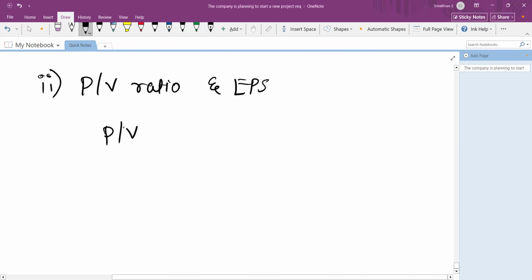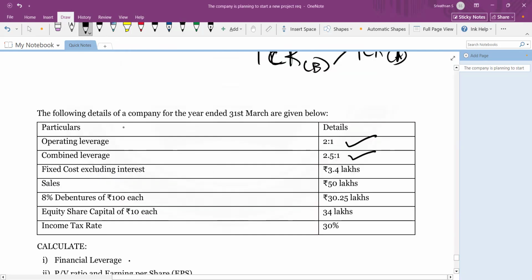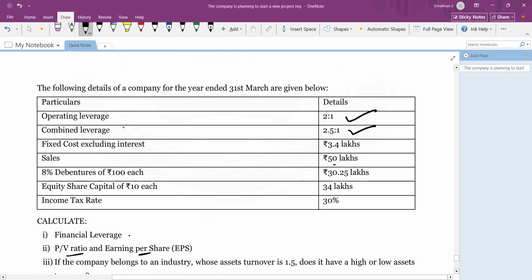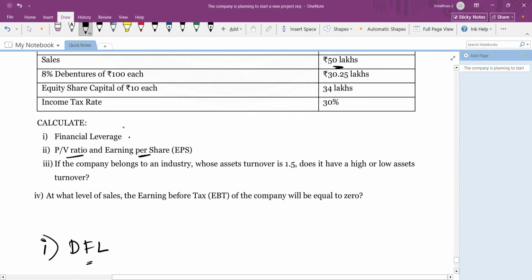So PV ratio is equal to contribution divided by sales. In this question, we have the sales figure, which is 50 lakhs. But contribution is not directly given in the question. So first we need to calculate the amount of contribution, right? So how can we do that?